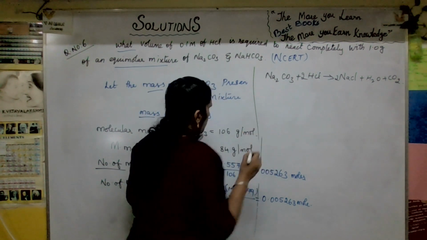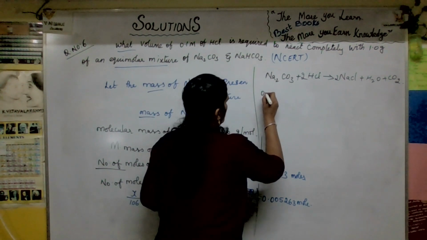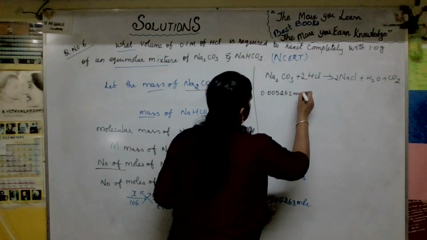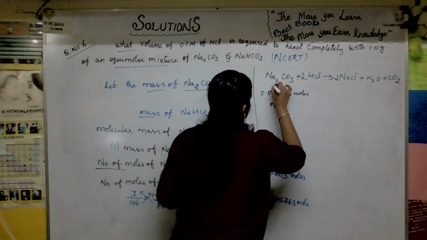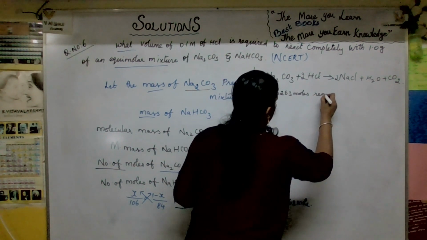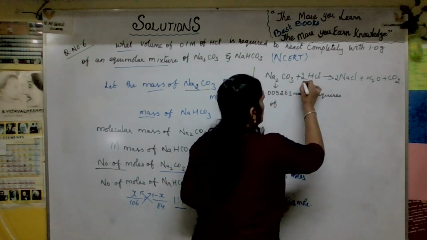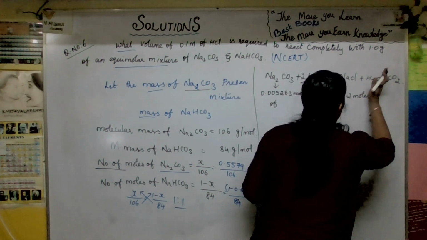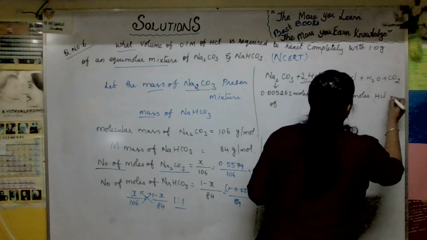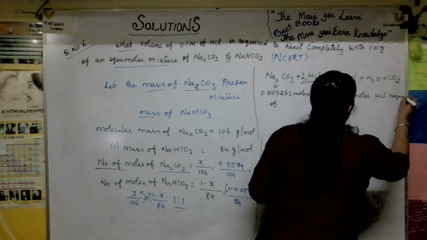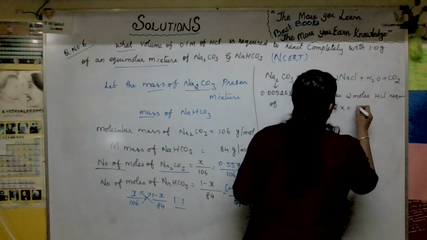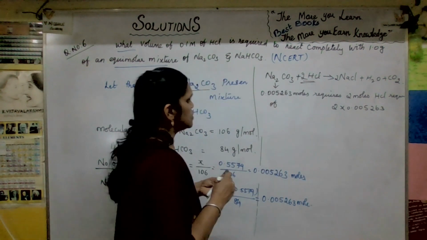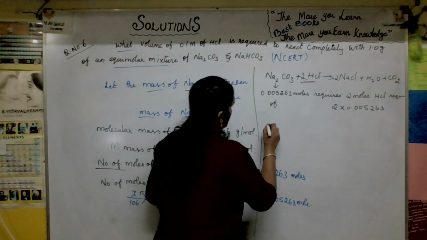Okay, now here how many moles? 0.005263 moles of Na2CO3 requires how many moles? 2 moles of HCl required, right? So 2 into 0.005263.